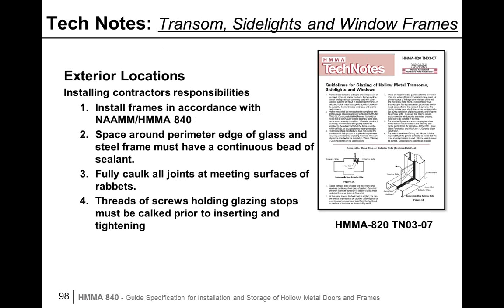Also, we talked last week about transom side light technical tips and installation of hollow metal frames with windows in them. The technical tip on guidelines for glazing of hollow metal transom side lights and windows is critical.